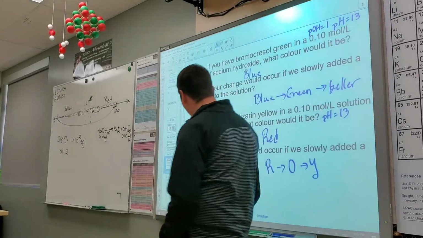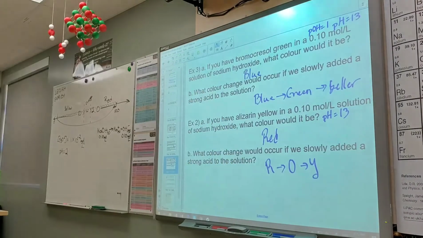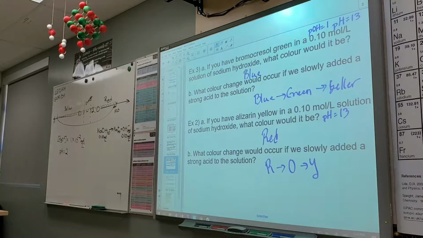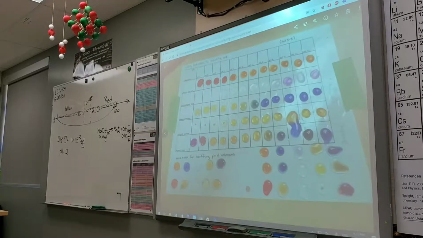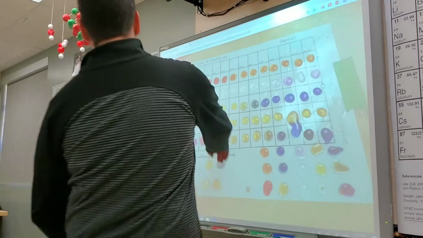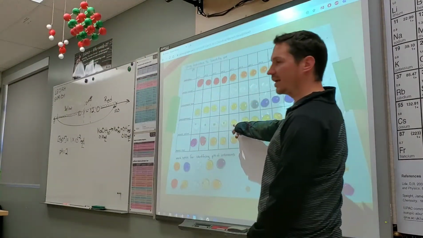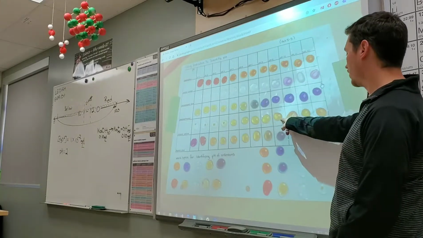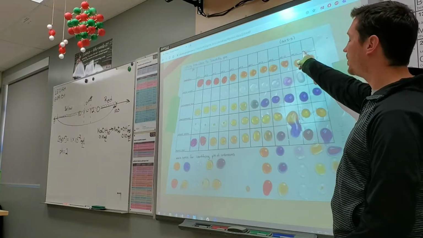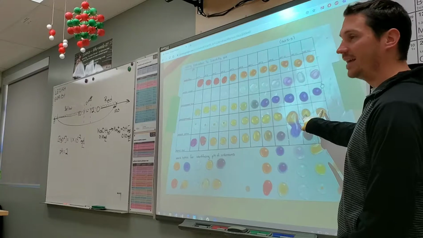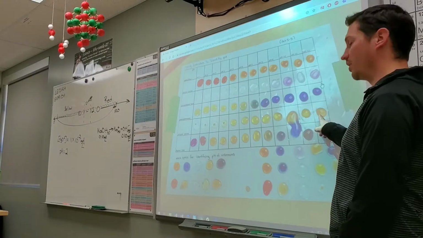And we saw that yesterday. We hopefully saw that yesterday when we were looking at our results. I am not a good photographer, but this alizarin yellow is yellow, yellow, yellow, and then finally at pH of 11 and 12, it starts to turn orange.